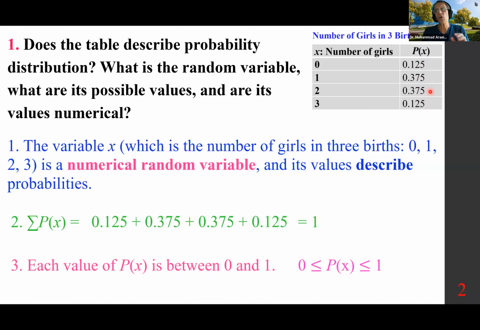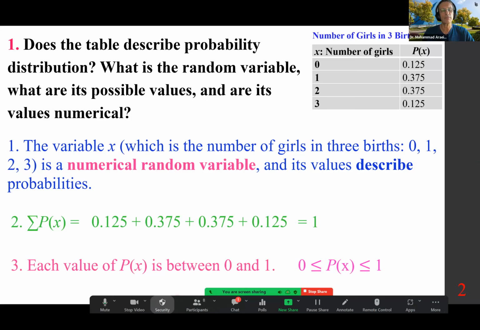It may still represent a probability distribution if the sum is extremely close to 1, because sometimes due to round-off error, when we add them up we get 1.0000, many zeros and then 1, or maybe 0.999, many nines. That could happen due to round-off error. Otherwise, the sum must always be 1. Probability of each individual case must be between 0 and 1.